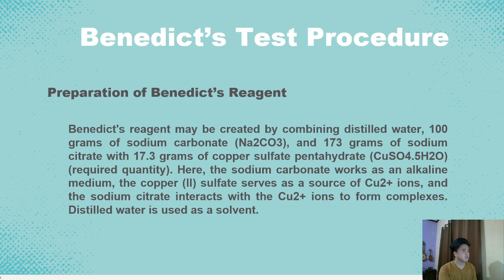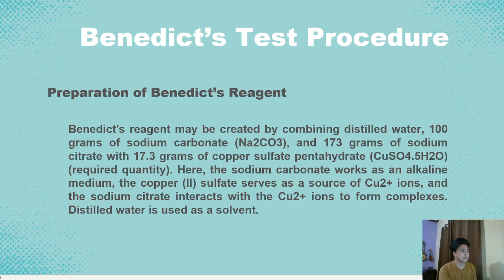So, Benedict's test procedure. This is the preparation of Benedict's reagent. Benedict's reagent may be created by combining distilled water, 100 grams of sodium carbonate, and 173 grams of sodium citrate with 17.3 grams of copper sulfate pentahydrate.